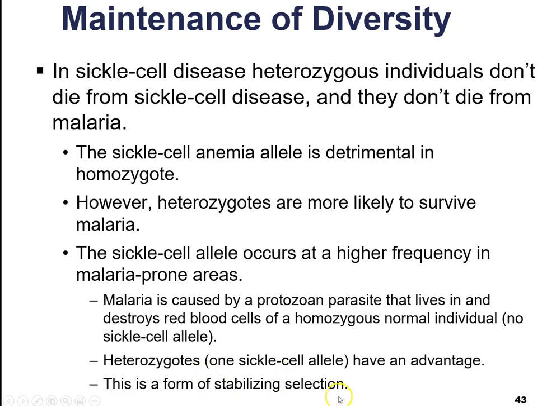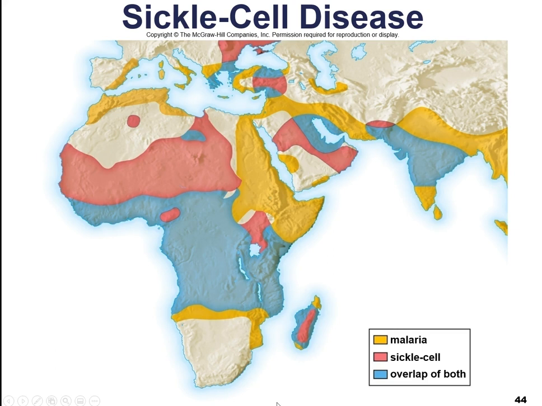So it says this is a form of stabilizing selection, right? Again, it's that intermediate phenotype, that heterozygote, that is favored, right? And again, you're only going to see this higher frequency or that favoring in areas where malaria is prevalent.